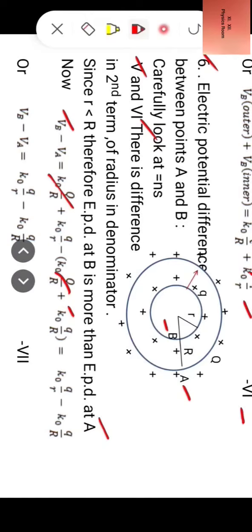Finally we get VB minus VA is equal to K naught small q by small r minus K naught small q by capital R. Let us mark it as equation 7.